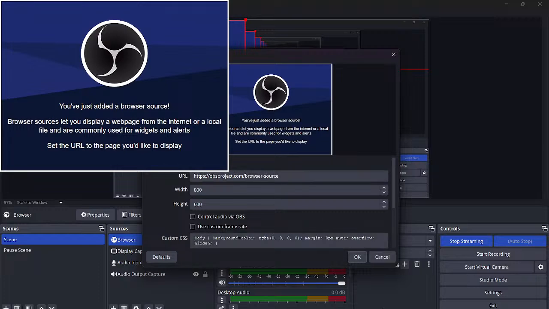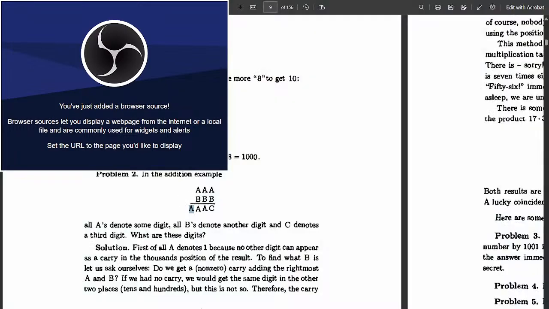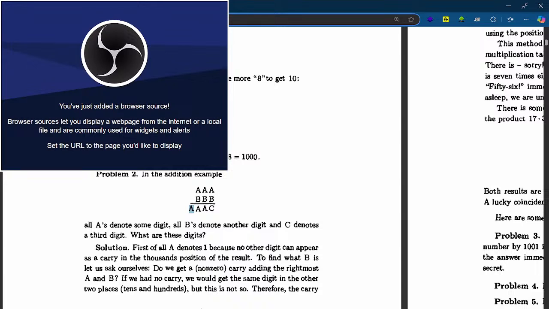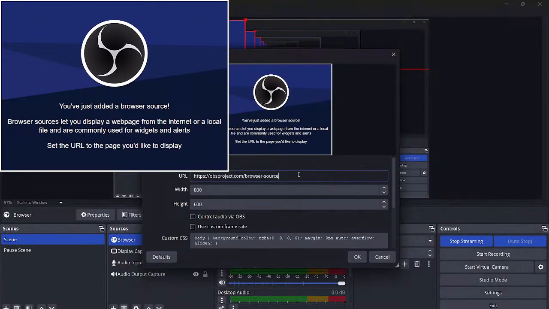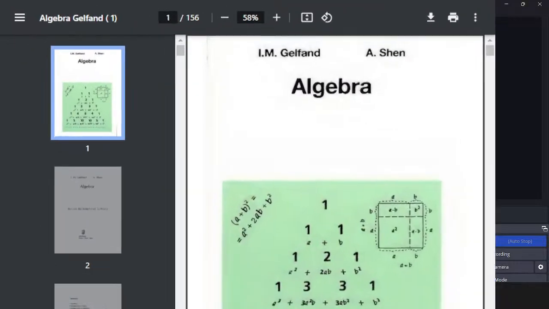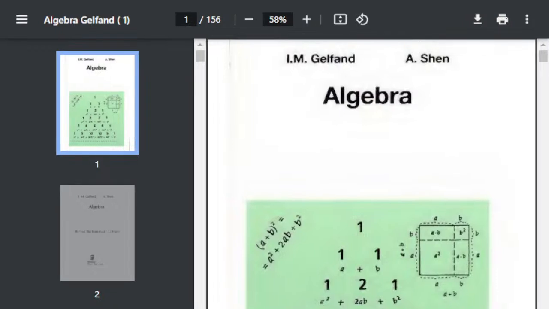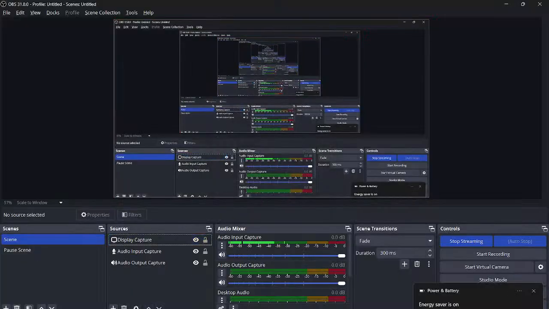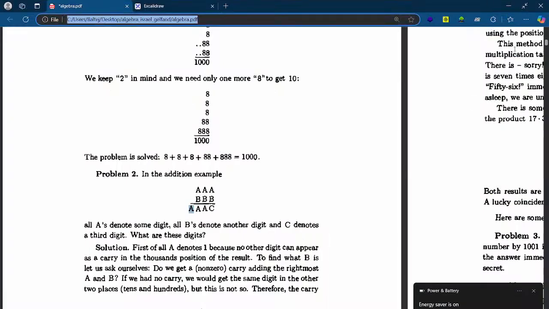Nope. Nope. Nope. Nope. What about this? Okay. I can access it here too. This is a waste of time. Let us come to the actual thing.